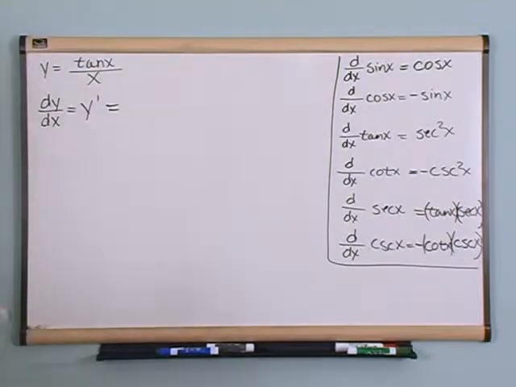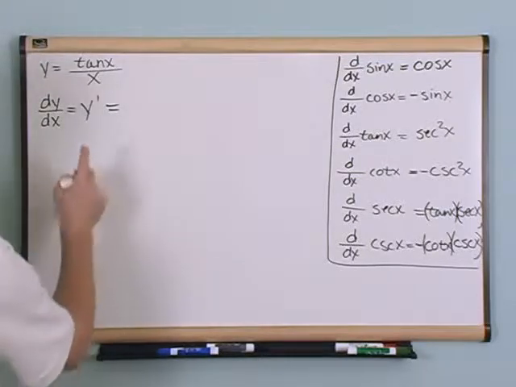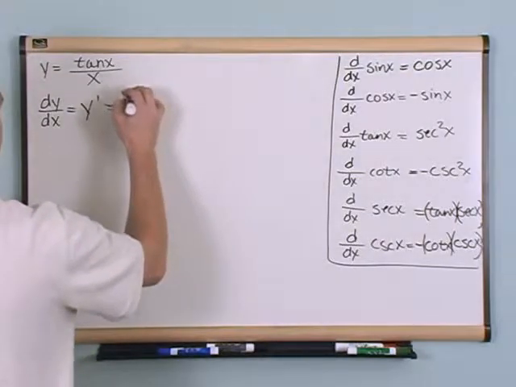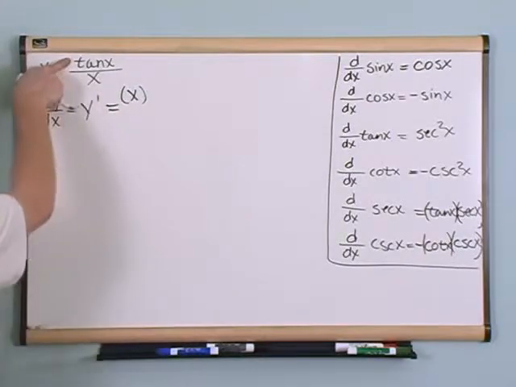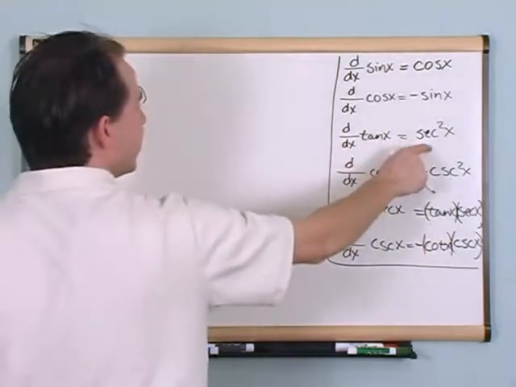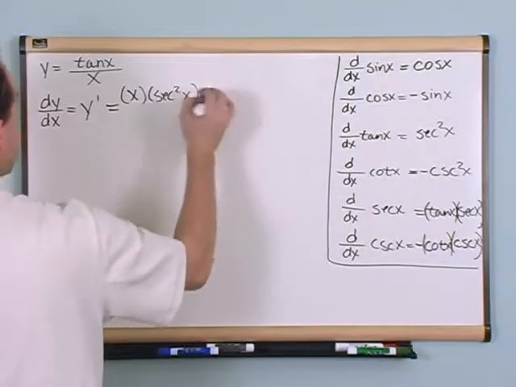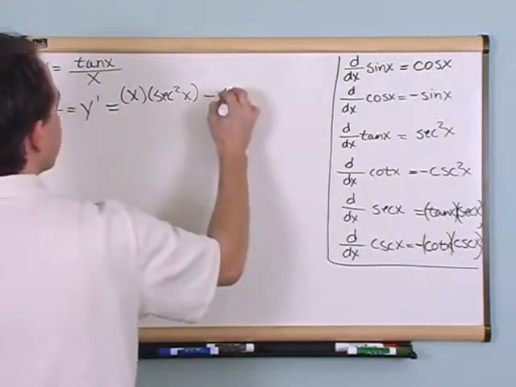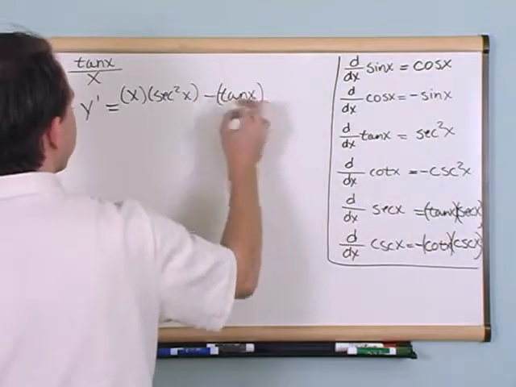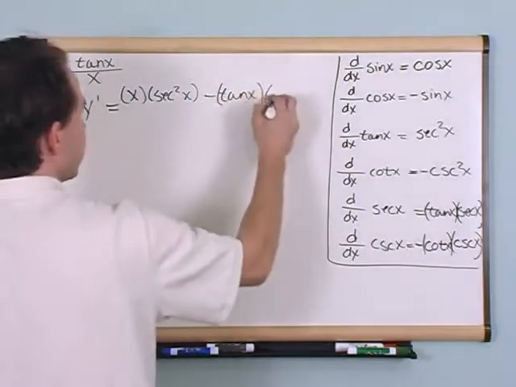So we're going to use our formula that you may or may not remember. Okay, so I'm going to have the bottom, which is x, times the derivative of the top. Derivative of the top is secant squared, minus the top, which is tangent, times the derivative of the bottom. Derivative of x is just simply 1.